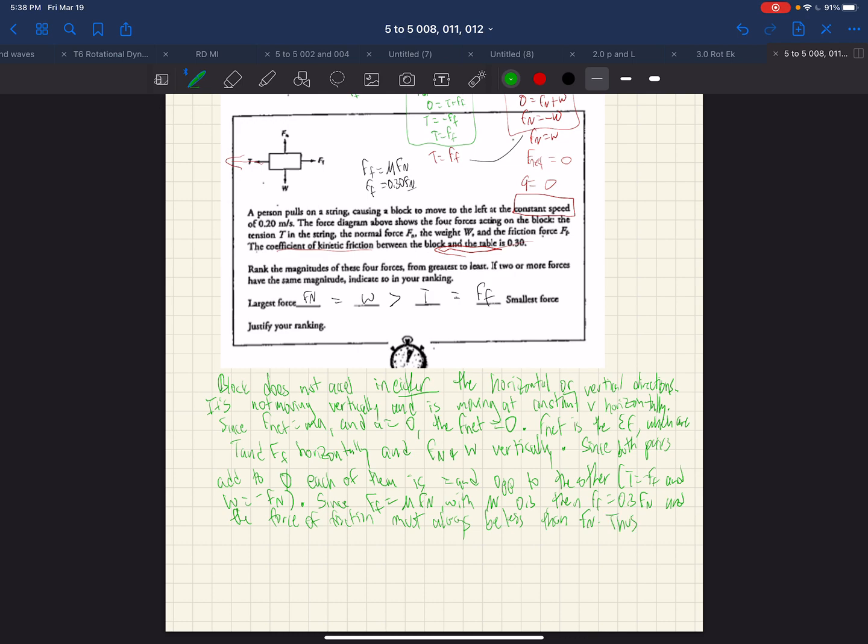Thus, Fn equals W, which are greater than Ff equals T.